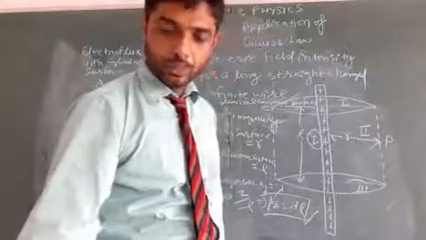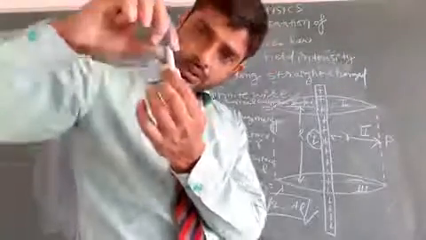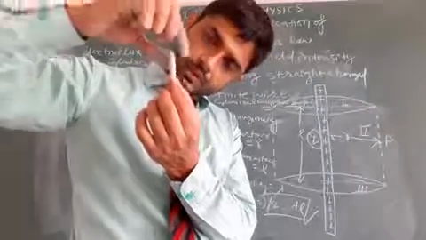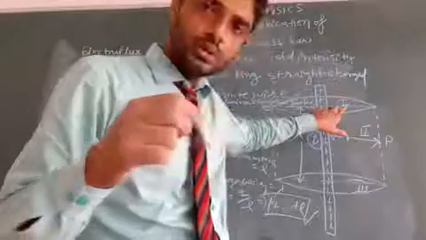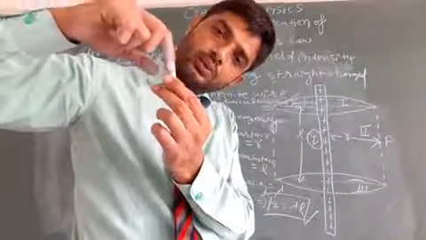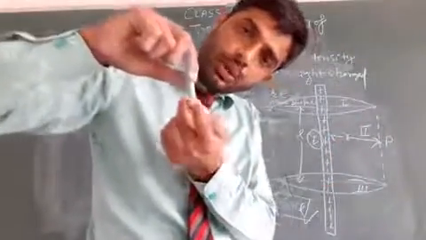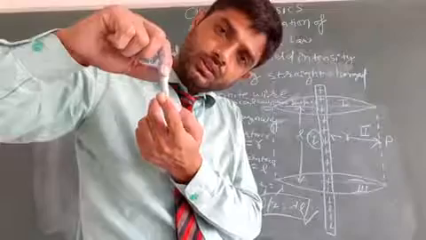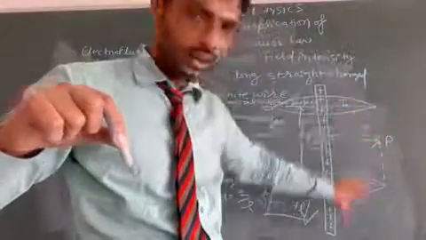The first portion of this cylindrical surface is the top. This is a cylinder, so this is the top, the first surface, and this is the curved surface area of the cylinder. This is the second portion, and this is the bottom, the third surface related to this cylindrical surface.